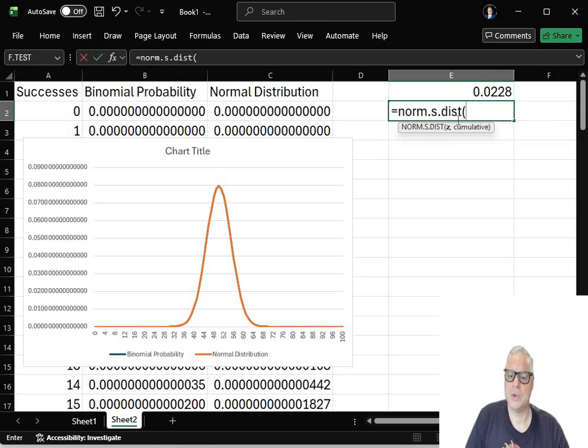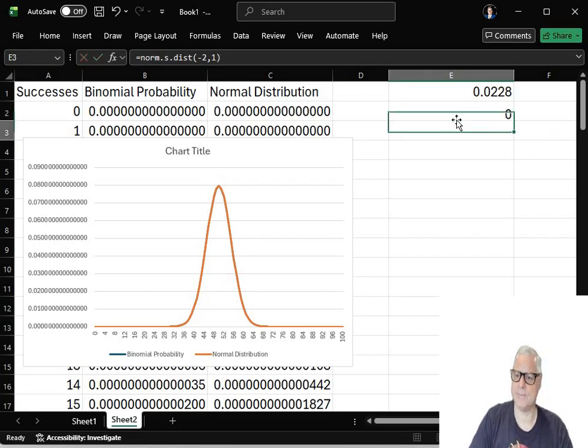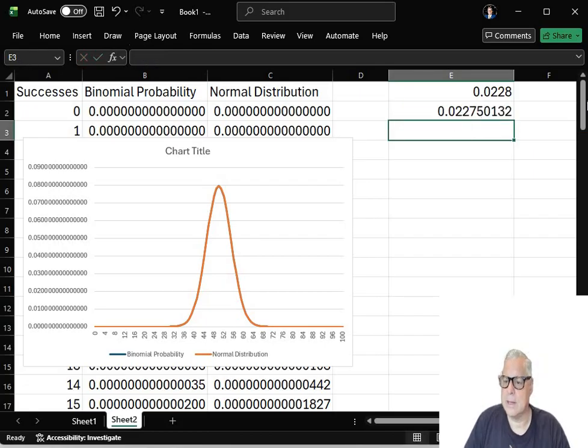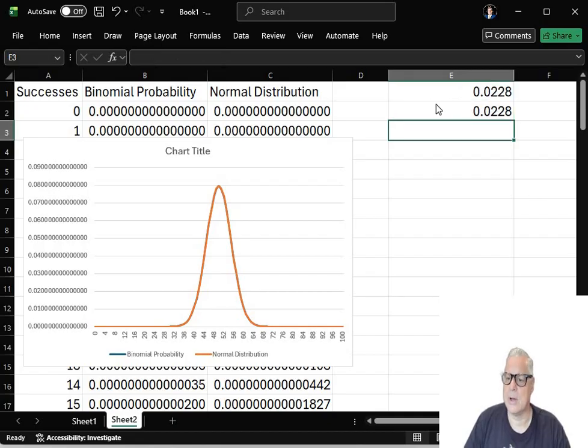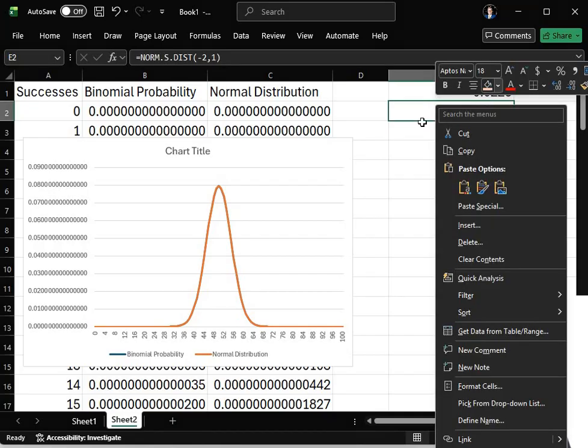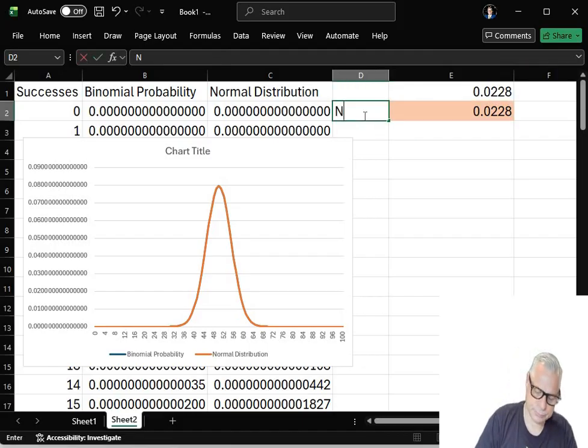Whenever I want to know the area to the right of 2, well, that is the same as the area to the left of -2. So I can also say -2, and now I want it cumulative because I want the entire area. Okay, and that is the same value. So this is what we get if we use the normal approximation.